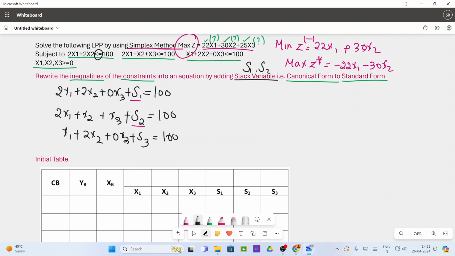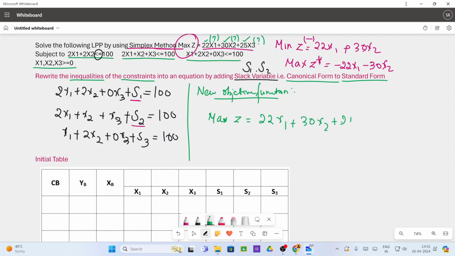Now we have to write our new objective function. In your new objective function, the first thing is you will have maximum z equals 22x1 plus 30x2 plus 25x3.